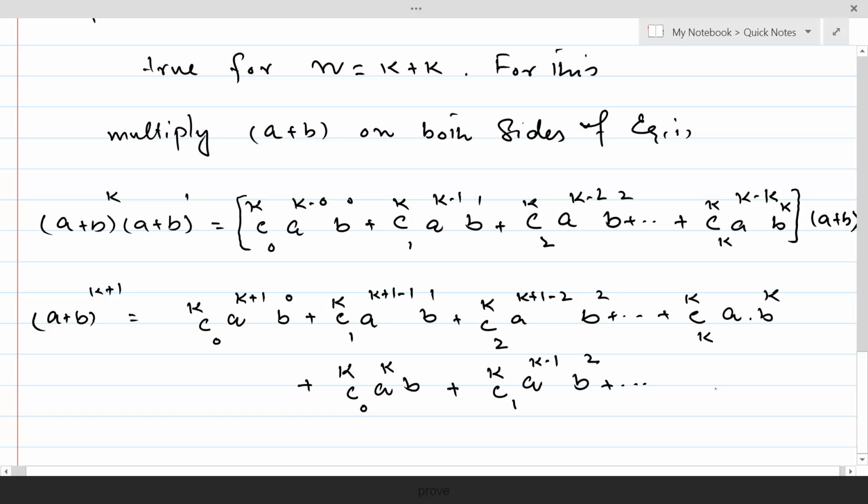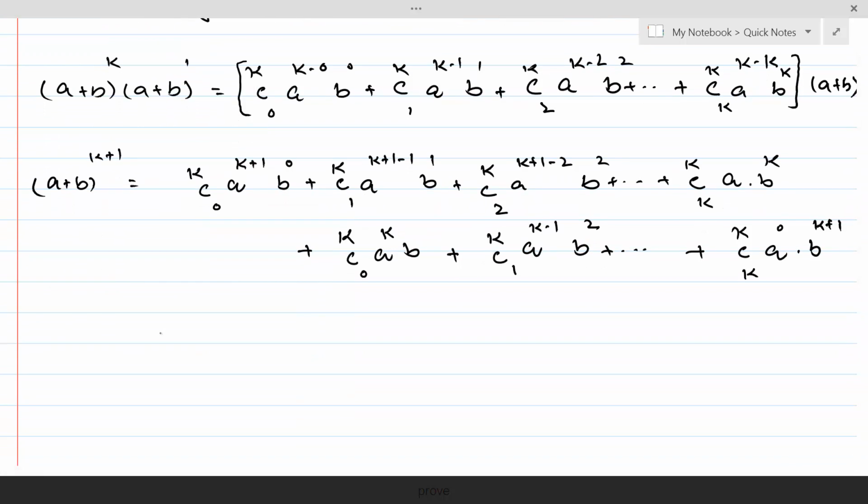And if we continue all the way, we will go to kCk, a is 0, so a^0 times b^(k plus 1). Now this time we increased all powers of b by 1.